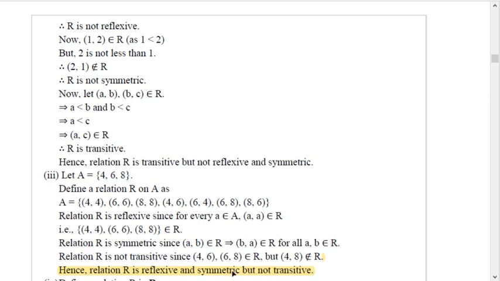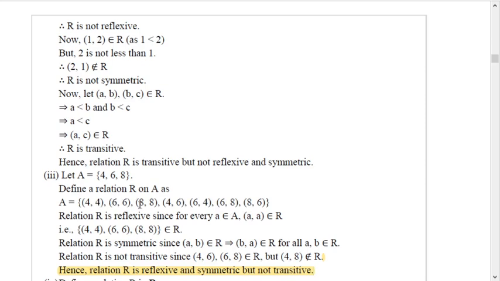For symmetric, (4, 6), (6, 4) also exist, and (6, 8), (8, 6) also exist. But for transitivity, you see (4, 6), (6, 4) exist. But you check (4, 6), (6, 8): (4, 8) does not exist here, so that's why this is not transitive.